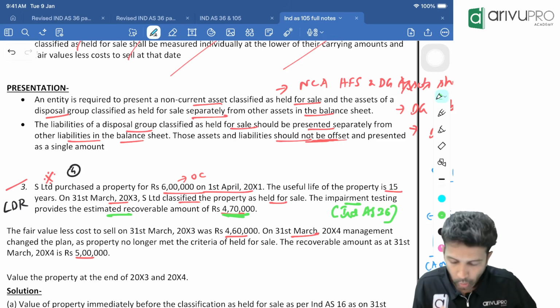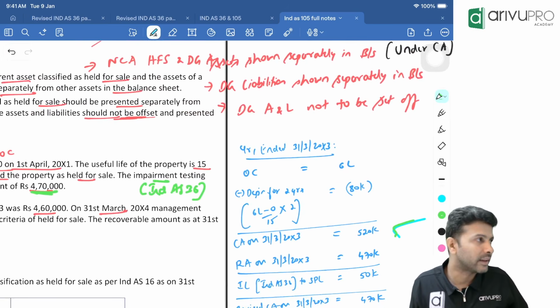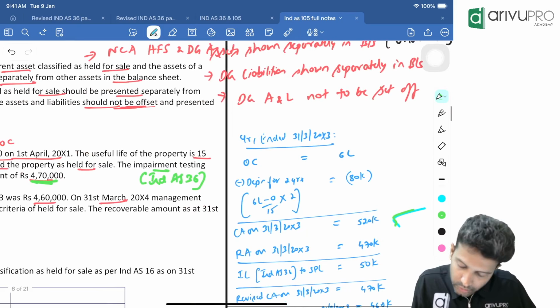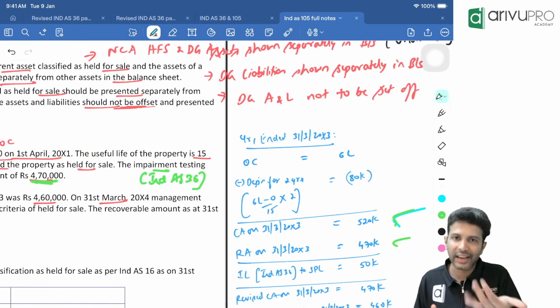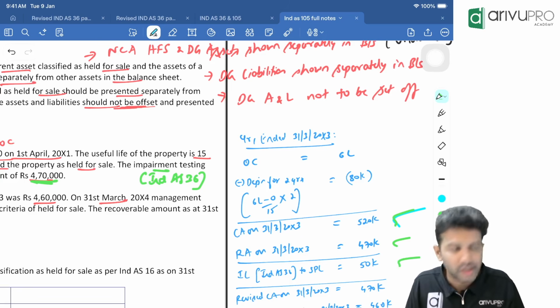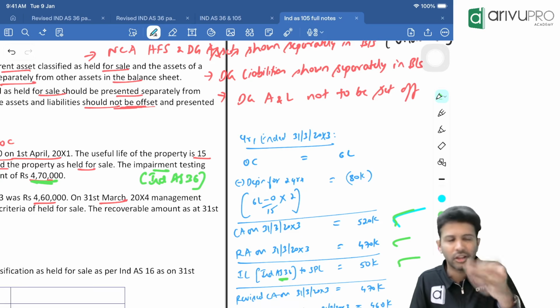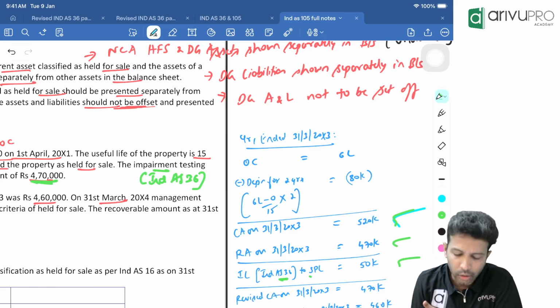Let's see. Carrying amount is how much? 520 on the date of the impairment indicator. Recoverable amount is 470. We already know, as per Ind AS 36, if carrying amount is greater than recoverable amount, we need to book impairment loss. Is there any impairment loss here? Yes, the difference is 50,000. This is the impairment loss as per Ind AS 36, which we first try to adjust with the revaluation reserve. If there is no revaluation reserve, it will go to the statement of profit and loss.